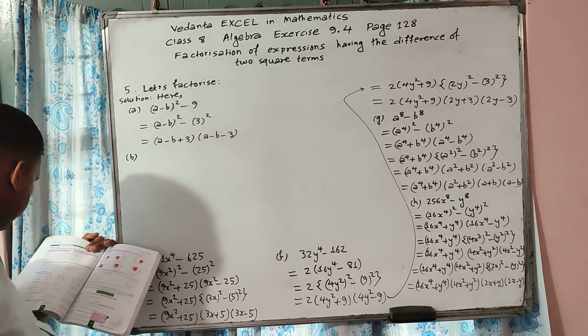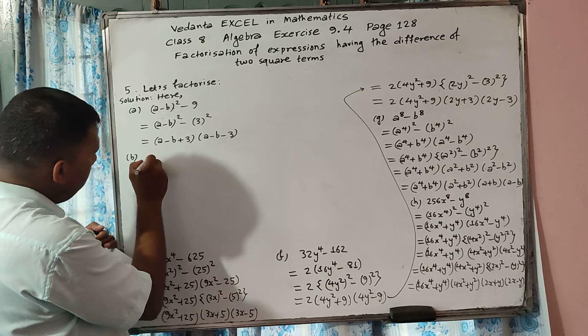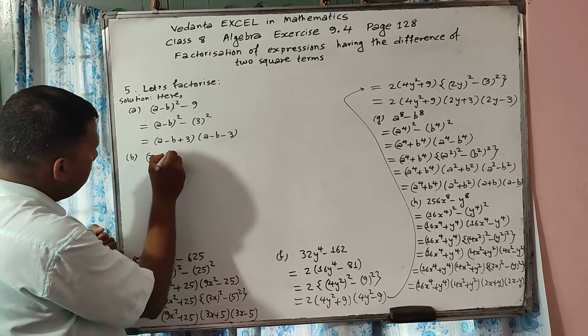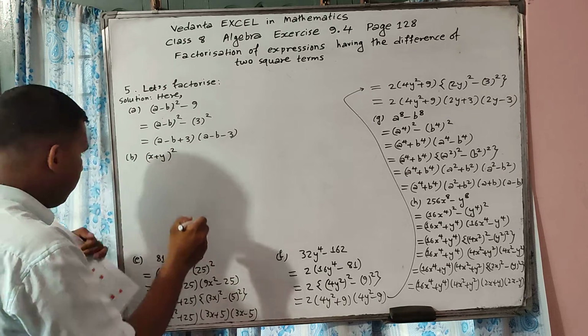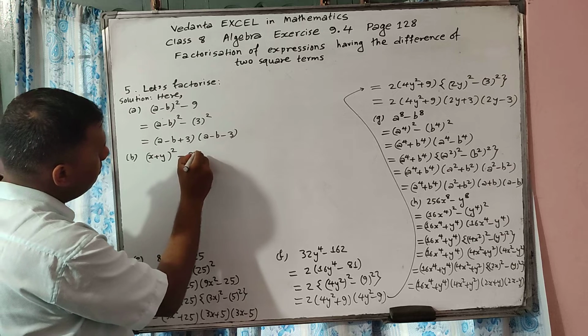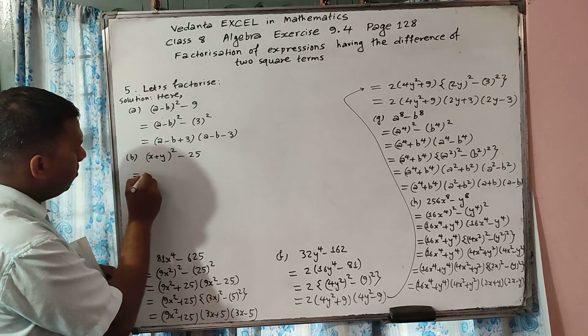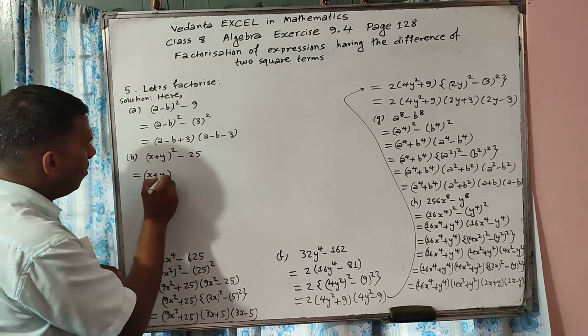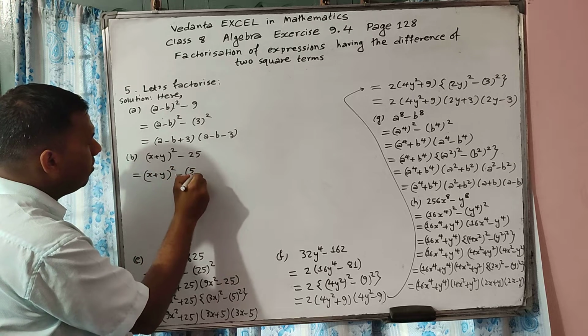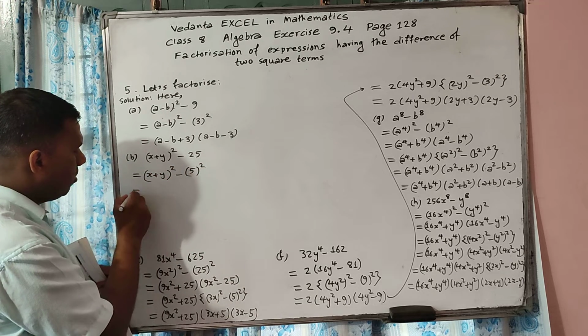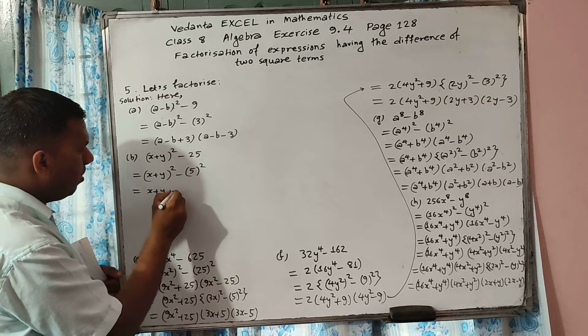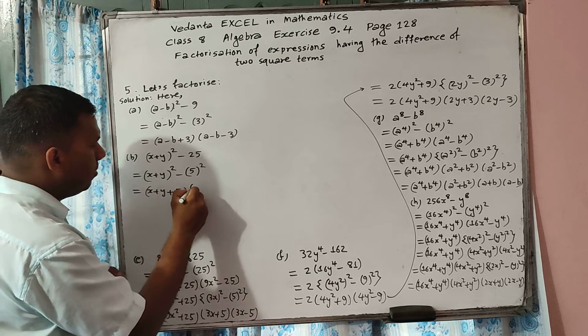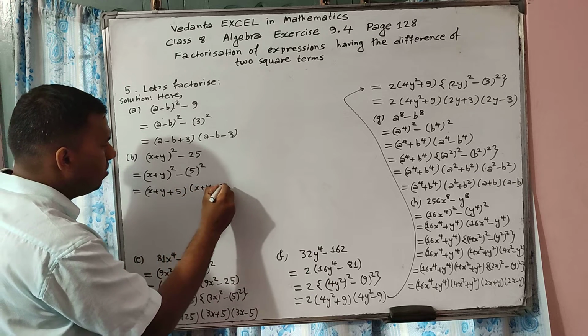On b we have (x plus y) whole square minus 25, is equal to (x plus y) whole square minus 5 whole square. This is equal to (x plus y plus 5) into (x plus y minus 5).